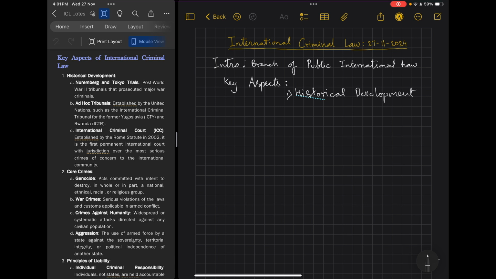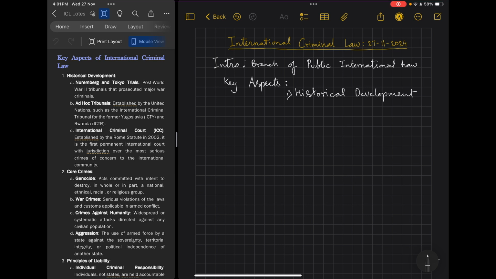So what's it saying? Nuremberg and Tokyo trials, post-World War II tribunals that prosecuted major war criminals. Ad hoc tribunals established by the United Nations, such as the International Criminal Tribunal for the former Yugoslavia and Rwanda.